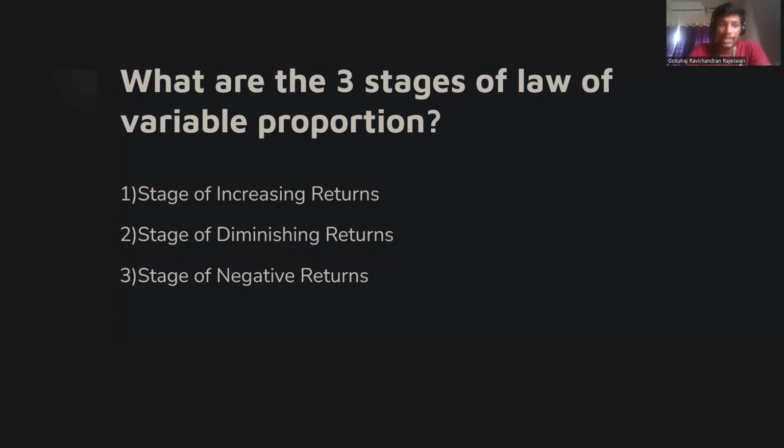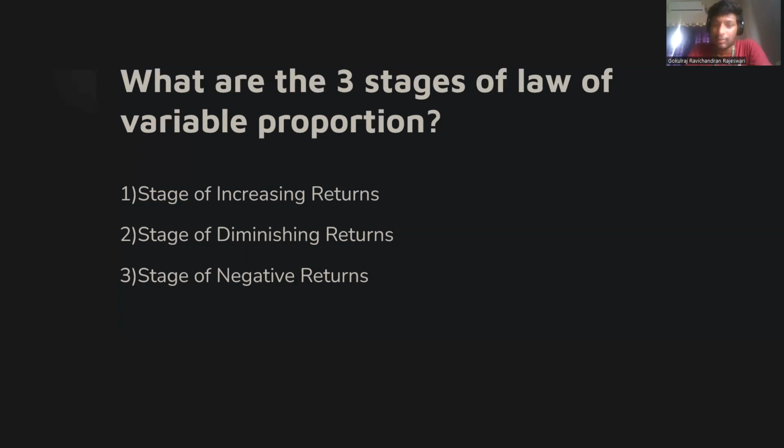Stage of diminishing returns. This is the stage after the stage of increasing returns. This comes at a point where the marginal product of the variable input starts to diminish. In this stage, the addition of more units of variable input leads to less than proportional increase of the output. The fixed inputs become limiting factors now.